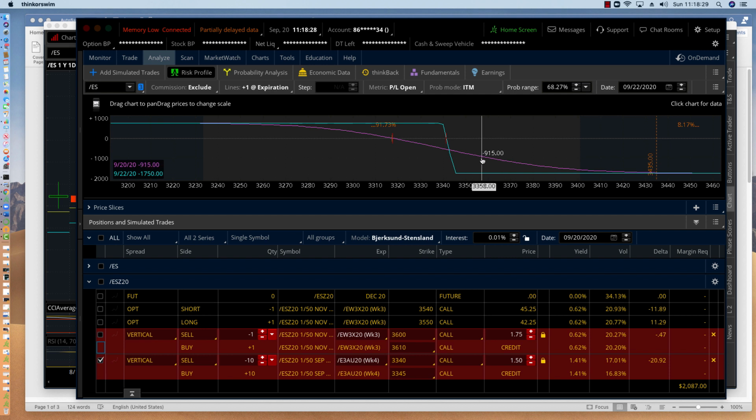You're not letting it go all the way to max loss, but you're starting to think about exiting when you get above 100% of the net credit loss. So if you can max 750, you're getting out around 750 plus.